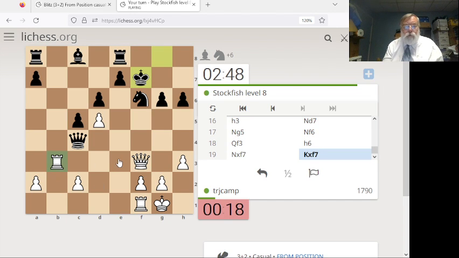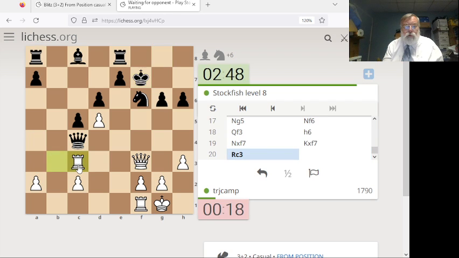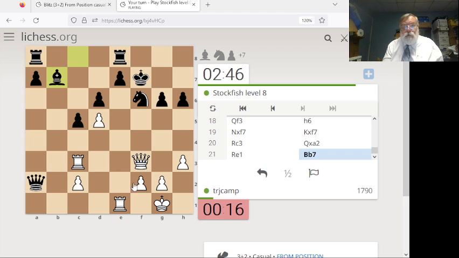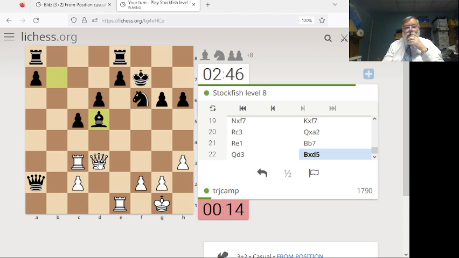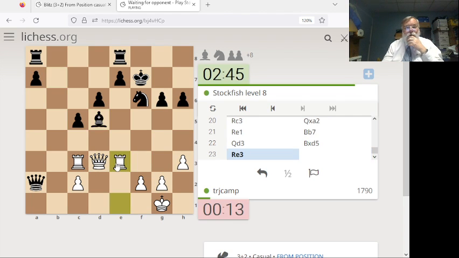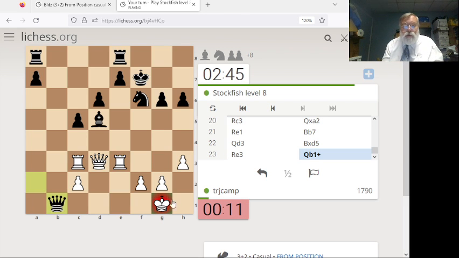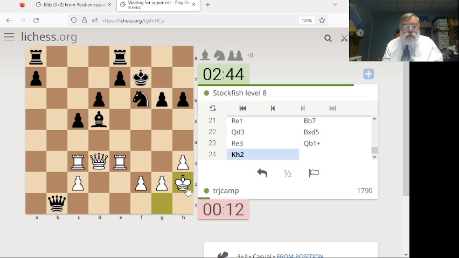Okay, let's see if we play the rook here. I don't know. I'm running out of ideas already. That's pretty sad. Pretty sad. Yeah, that's what I expected a while back. How do I get to that point? I don't know. Keep going this direction. There's no dark bishop, so maybe I can salvage it this way.